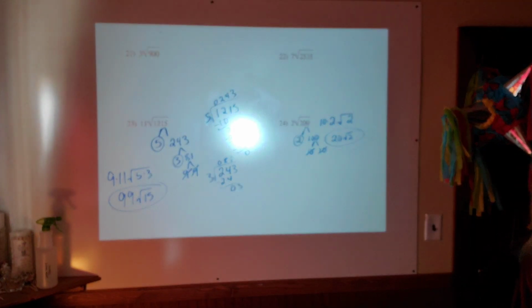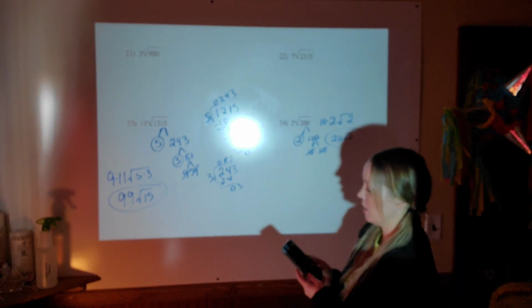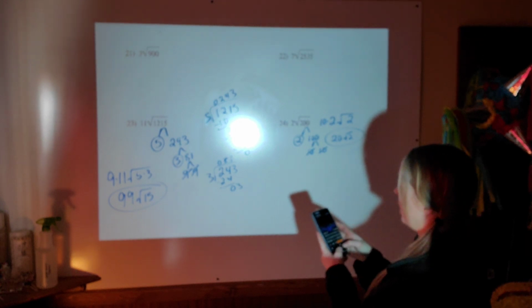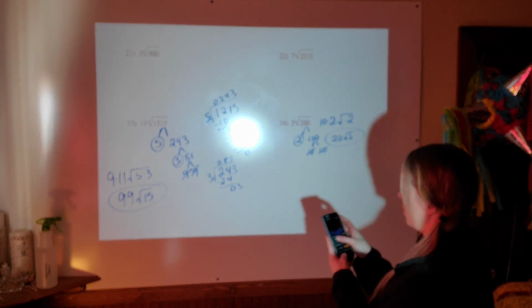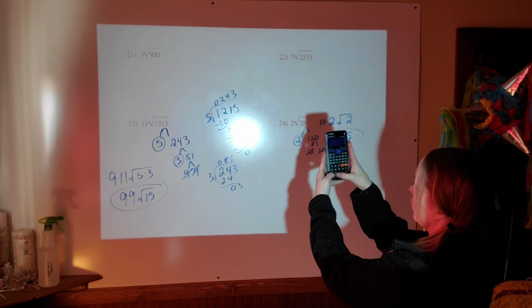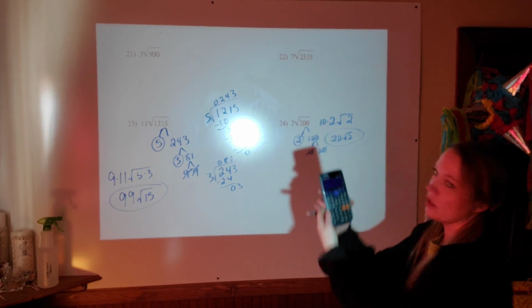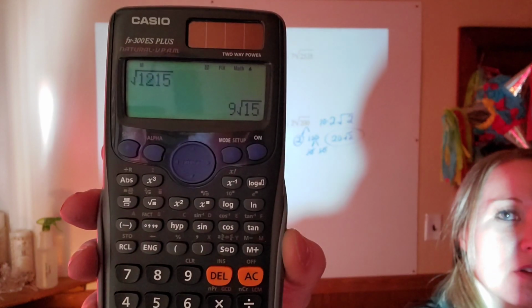How awesome is that? You'll need to make sure that you're in the right setting, and if you were to, like, let's put in the square root of 1,215. So the square root of 1,215, it should end up giving you something like this.